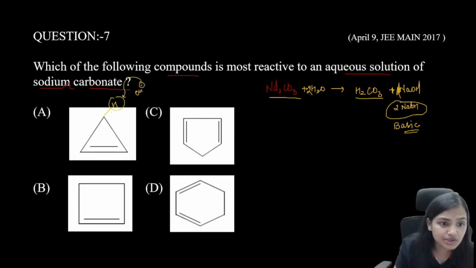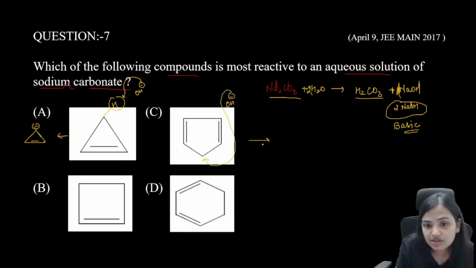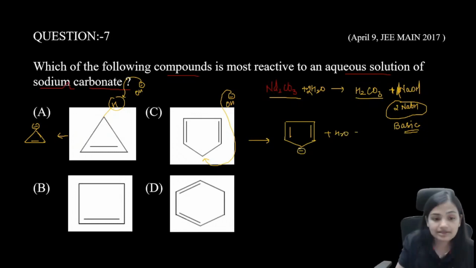This will pull the H positive, so ultimately I will get the formation of this species. In a basic medium, it will try to pull the electron, of course from this carbon, because this is the only acidic hydrogen. If there is a loss of H positive from here, you will get this as the conjugate base.